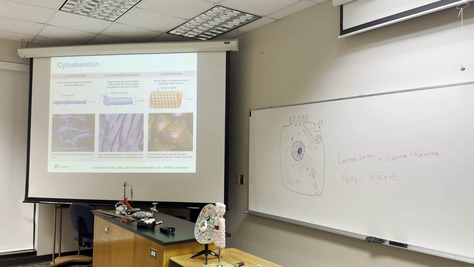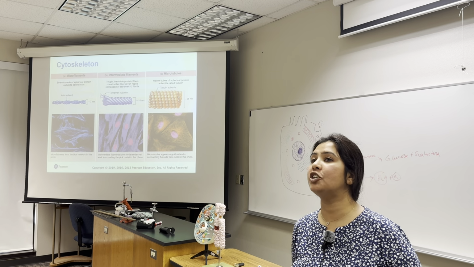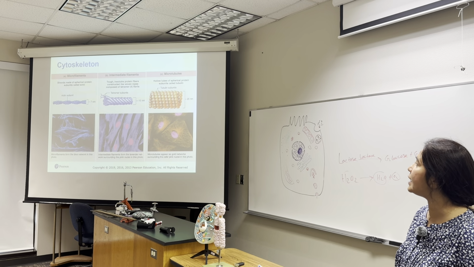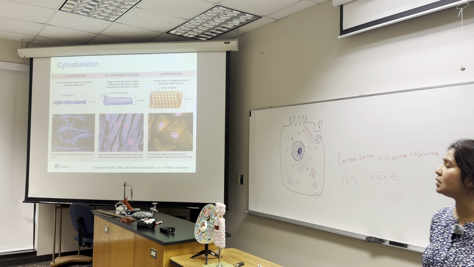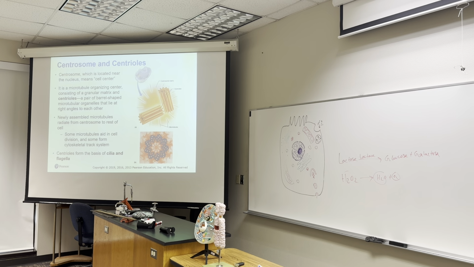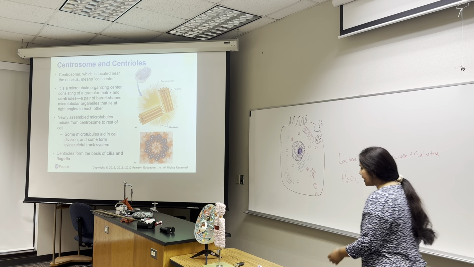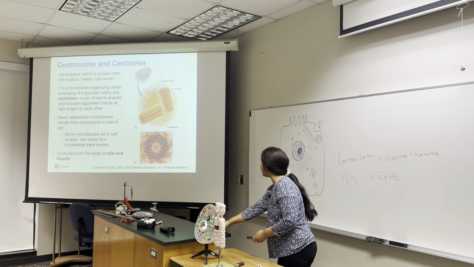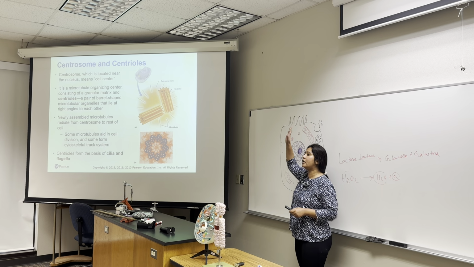Now let's talk about the cytoskeleton, which actually provides the what? Which actually provides the structure of the cell. So you have three different types of them: microfilament, intermediate filament, and the microtubule. Let me focus on the microtubule, which is the most important one. So a lot of the time a cell can have a finger-like projection, and we call them what?